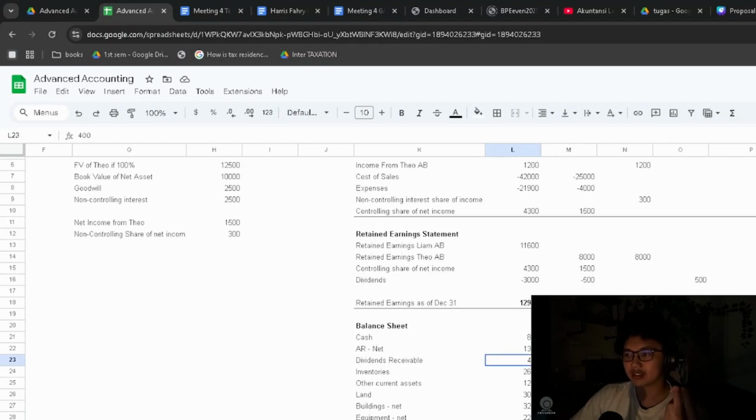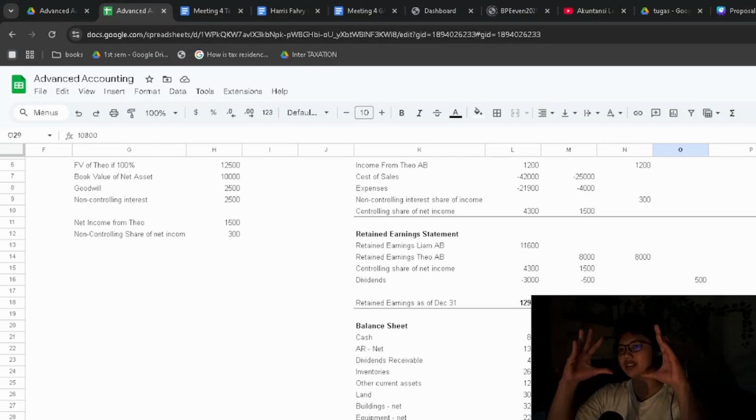So then there's no need for receivables anymore because it has already been paid. So it's just adjustments like that. As for the investment in Theo's account, it is cancelled because in a consolidated statement, you have consolidated everything. You have put everything together.